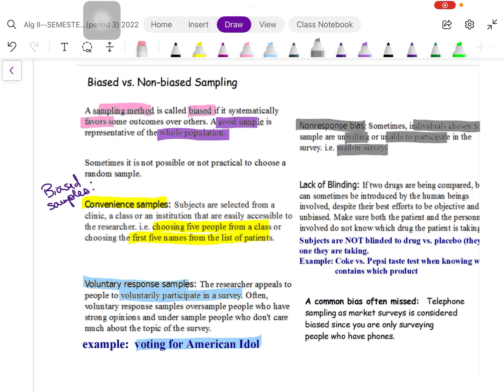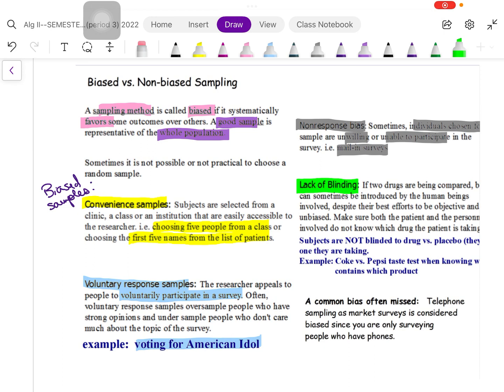And then our last kind of bias is called a lack of blinding. An example is, if 2 drugs are being compared, bias can sometimes be introduced to the human beings involved despite the best effort to be objective and unbiased.